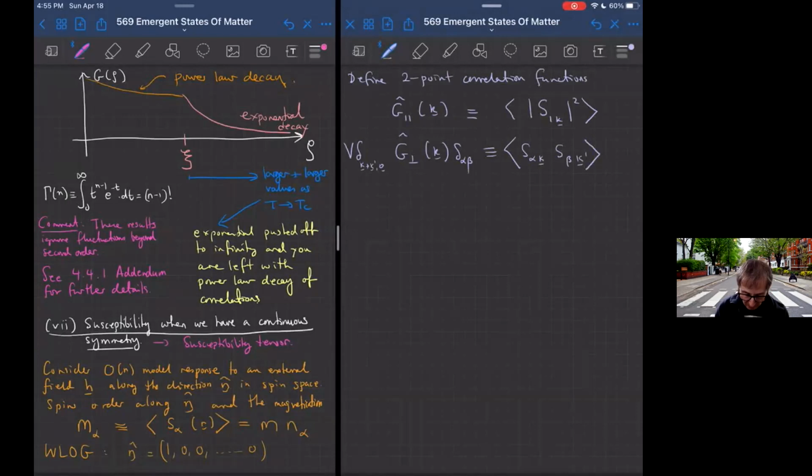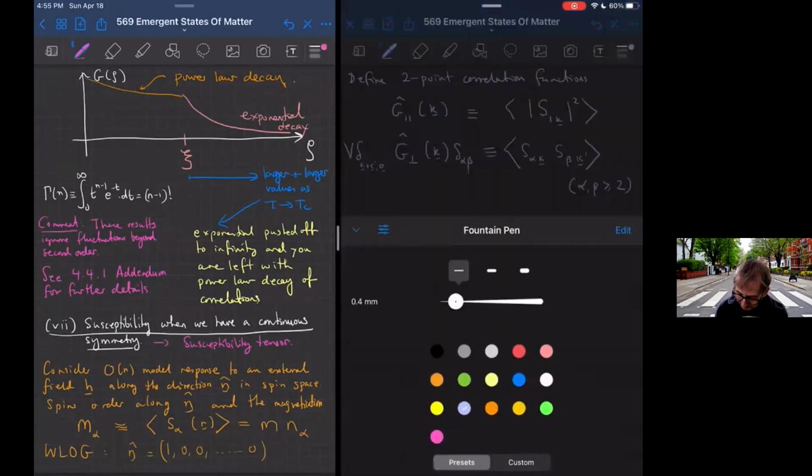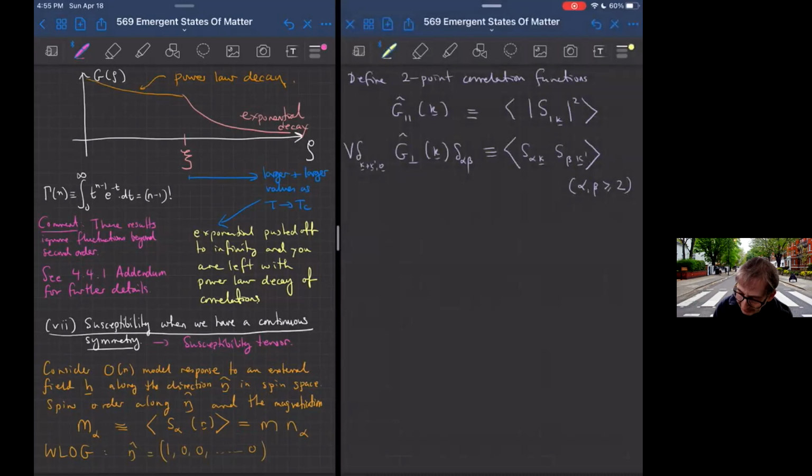Now the one direction is the direction of ordering. So in this case, alpha and beta have to both be not 1. So they have to be greater than or equal to 2. And so this one here is parallel to the H, and this one here is perpendicular to the H field. And of course, there are n-1 directions perpendicular to H.